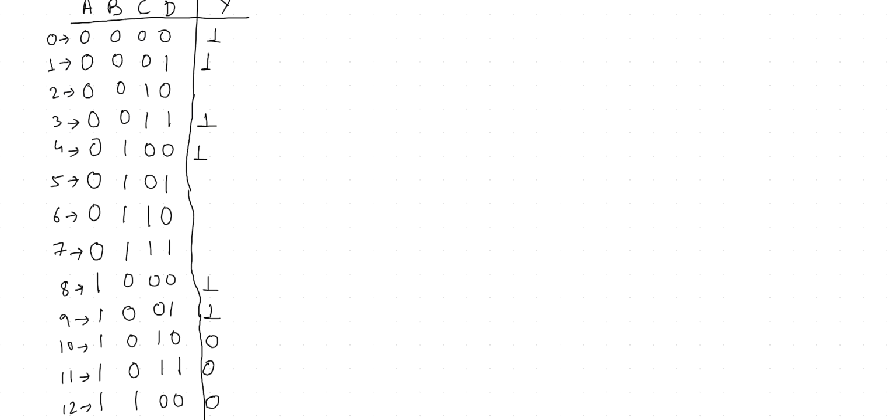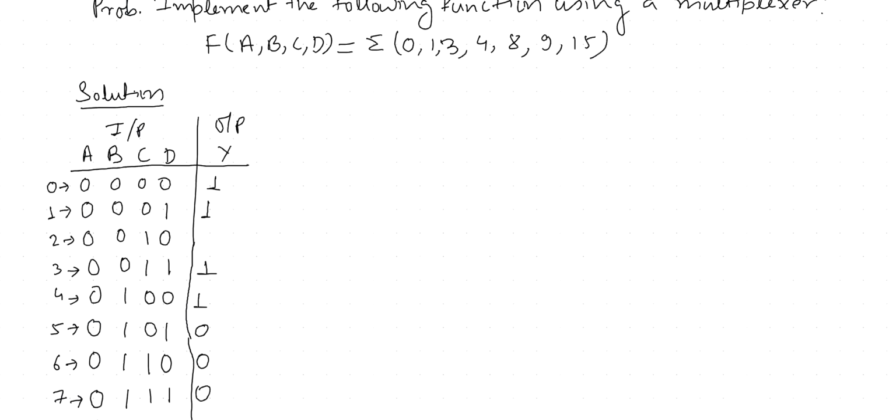So at 8 position, it is 1, 9, and at last at the 15. This is 1. Rest all other points, it will be 0. The value of the function is 0 at other all points. Okay. I hope it is clear to all of you. This is the truth table for the given function.